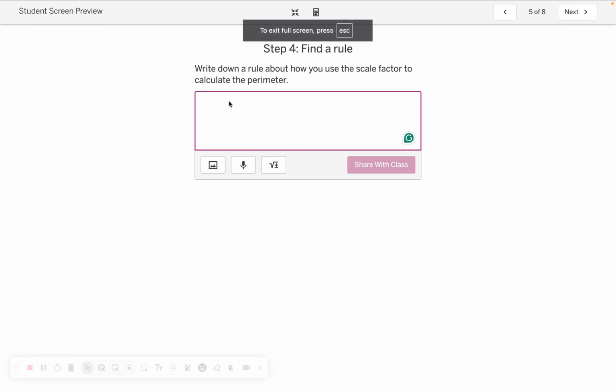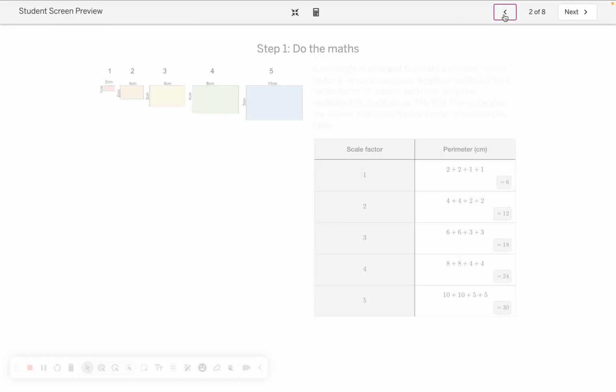Okay, so there are 2 ways to go about writing a rule. I think if you're in the lower years, MYP 1 or MYP 2, you should be quite comfortable writing this in words. You can say that the perimeter is basically multiplying the scale factor by, so let me just go back to this again.